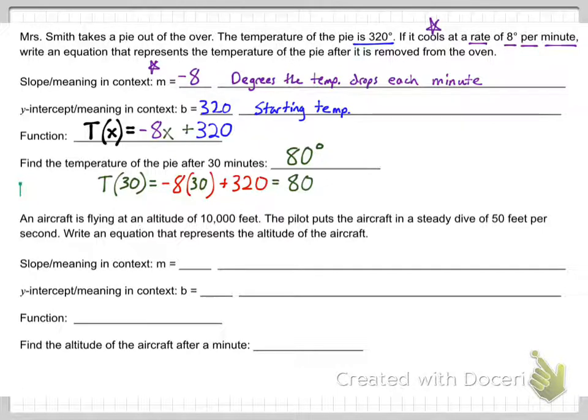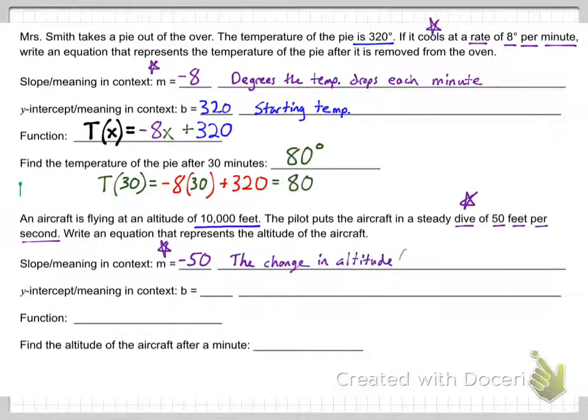An aircraft is flying at an altitude of 10,000 feet. The pilot puts the aircraft in a steady dive of 50 feet per second. So the 10,000 feet must be the starting number, and the steady dive of 50 feet per second is the rate of change. Again, I'm going to put a star next to dive. The reason why is because that should make our slope negative.